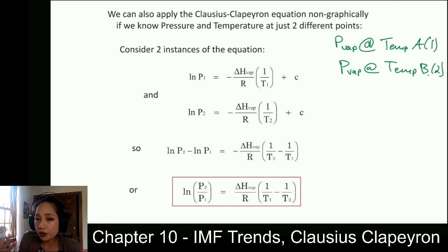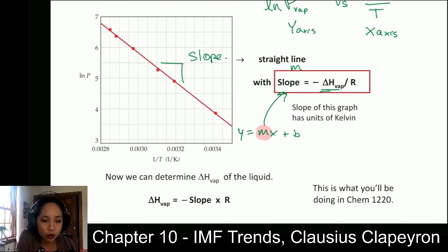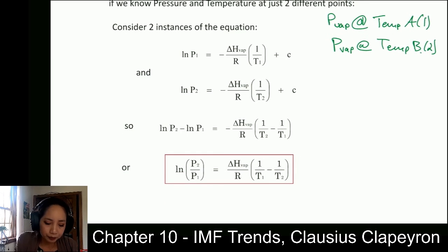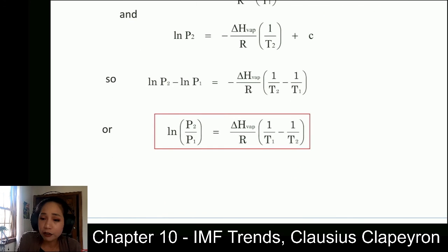So we can also use the Clausius-Clapeyron equation, but we need to know 2 points. And the reasoning there is because any 2 points on this graph will always make a straight line. And so we can use a different equation. It's still the Clausius-Clapeyron equation, just shown a little bit differently with some mathematics rearranged in it. So we can get a different Clausius-Clapeyron equation that compares 2 different data points.